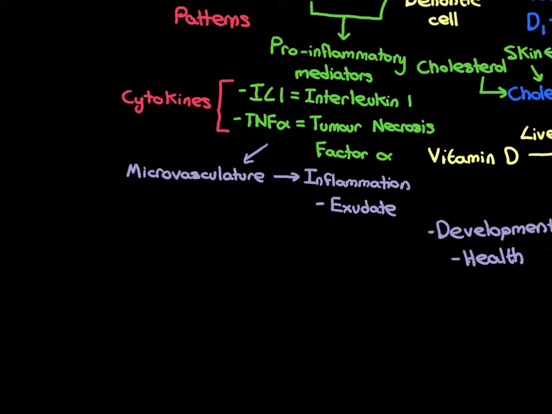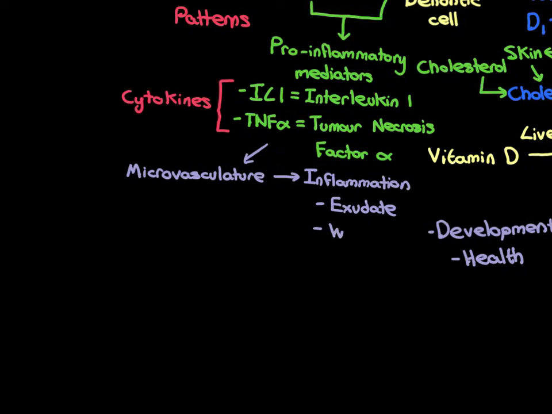When you've got a fluid that is coming out of the bloodstream and is full of proteins, we refer to that as an exudate. And when it's because of inflammation that it's being formed, we call that an inflammatory exudate. So one of the features of inflammation is that you're going to get an inflammatory exudate with all those proteins being formed at the tissue, and that's going to help, hopefully, to clear the infection.